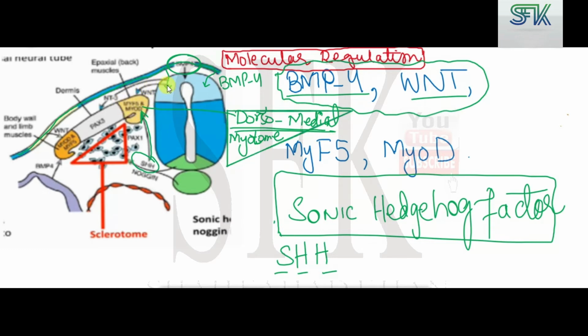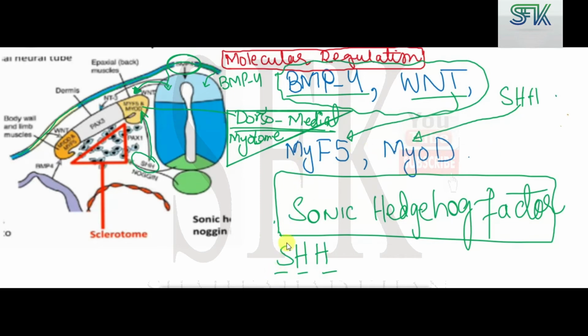So the two factors that come and bind to the dorsomedial myotome are the Vent protein, secreted by the roof of the neural tube, and the Sonic Hedgehog, which is secreted by the base of the neural tube. Once they reach this myotome, both the Vent and the Sonic Hedgehog activate two special proteins, MYF5 and MyoD.